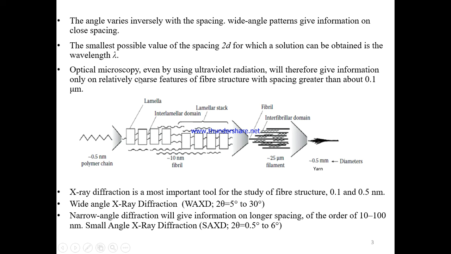Now if you use only visible light or UV radiation for diffraction studies, you can only measure dimensions down to 0.1 micrometer. You cannot go below that, due to the limitation of the wavelength lambda of the UV radiation.